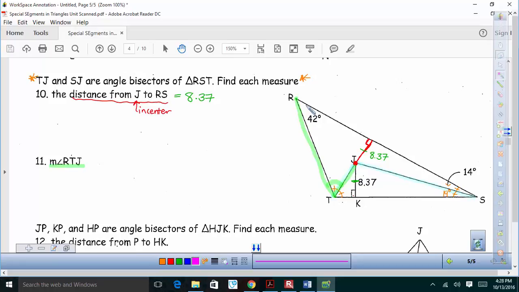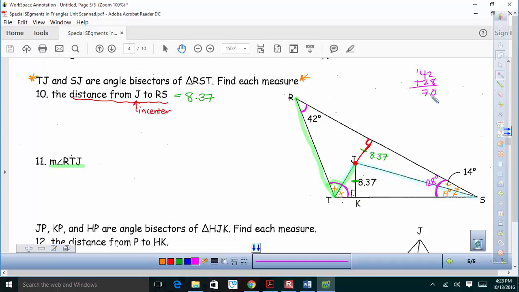So R is 42. S, this whole thing, is 28. So I know if this is 42 and this is 28, I can find this whole measure because I know that all angles in a triangle add to 180. So I'd do 42 plus 28, which would give me 70.